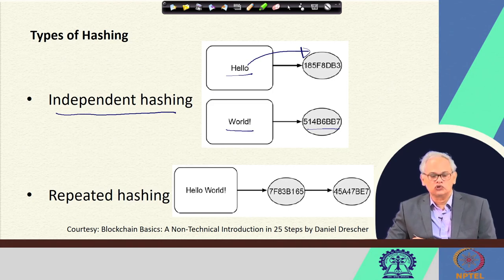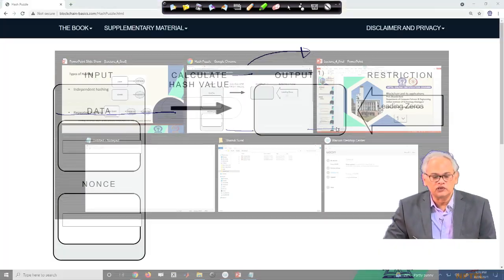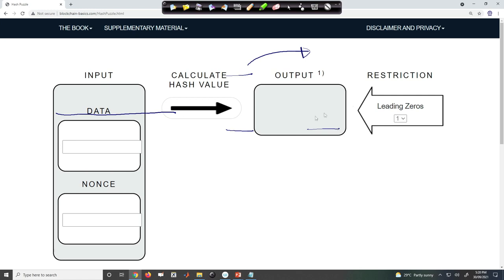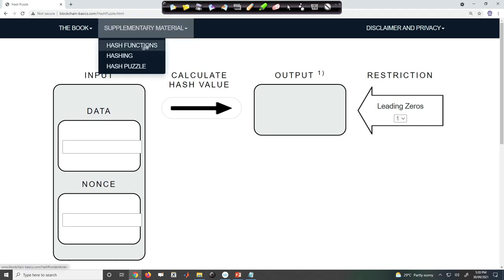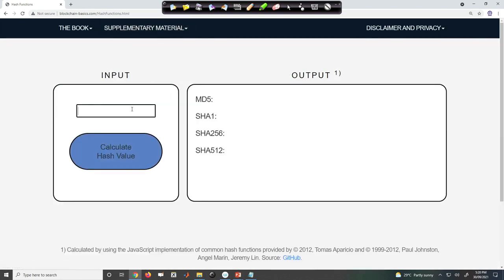Let me show that through this example. As we saw in our last lecture, these hash functions, where if you remember we entered some text and got the hash values.